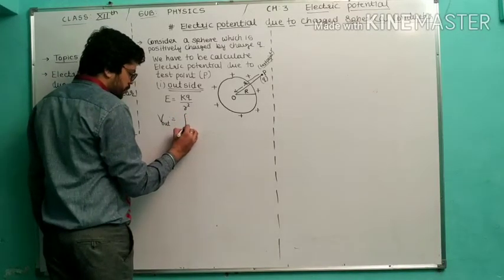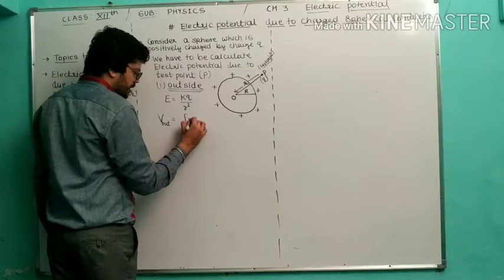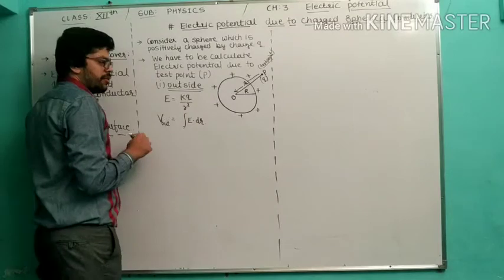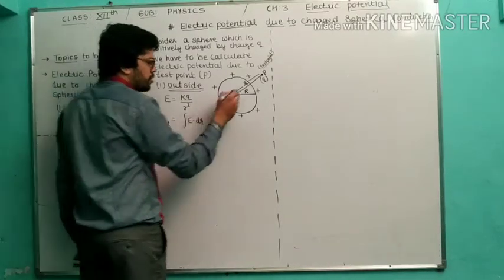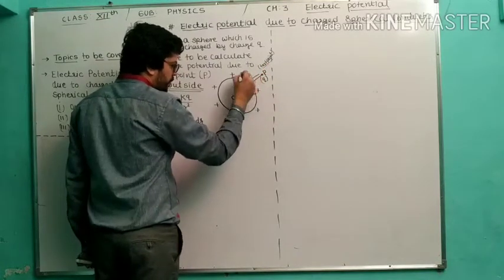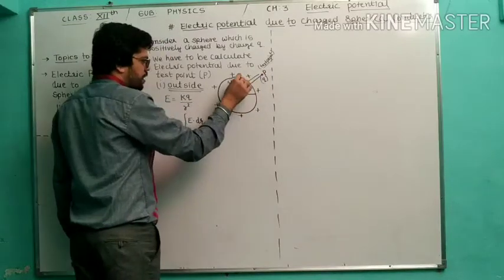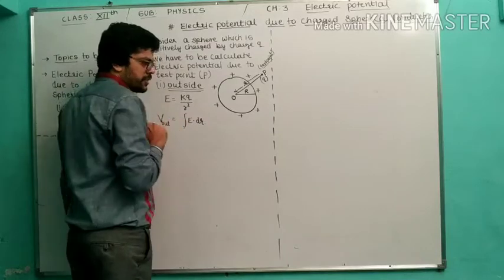We use the mathematical expression V equals minus integral of E dot dr. Why are we doing the integration? Because we are considering a small point P, the test point, and from small parts we have to determine the total electric potential outside of this particular conducting sphere.